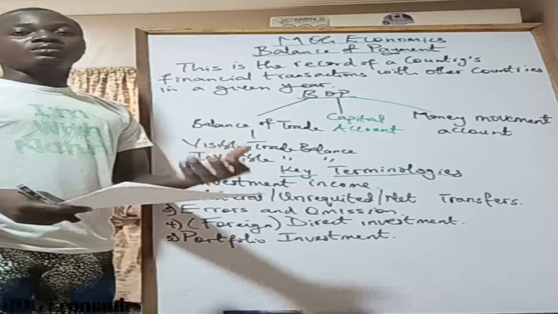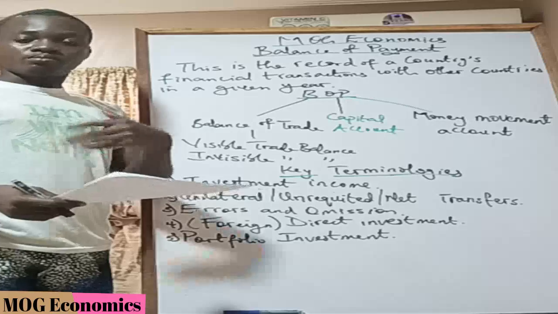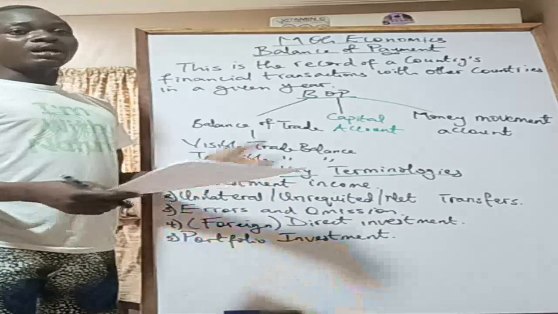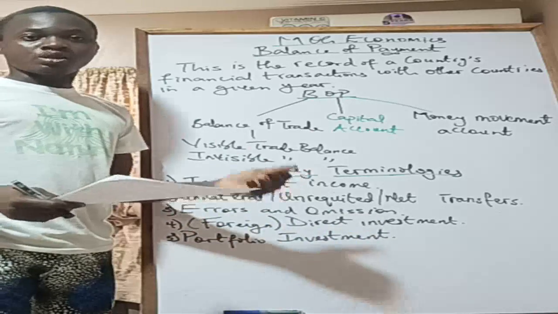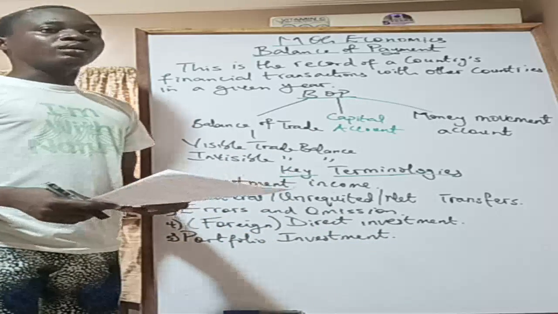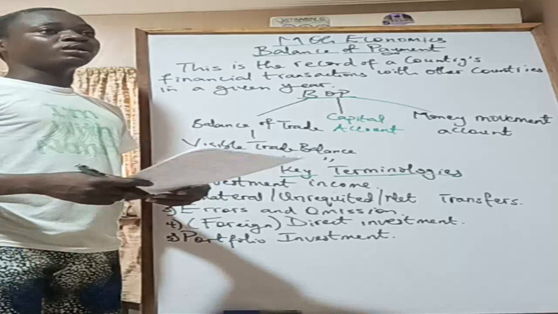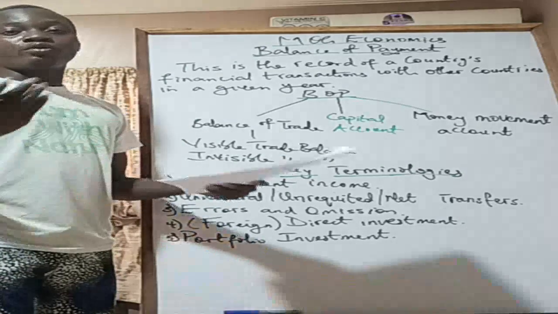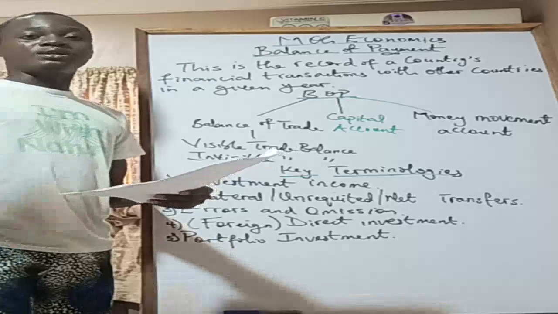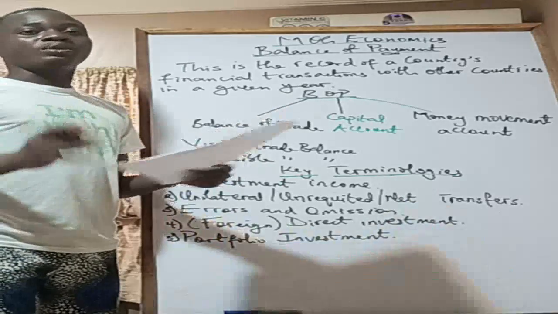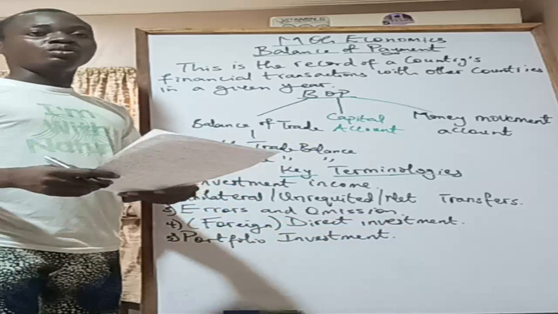Anything that generates income for you after making them available to foreigners counts as your export. That's a credit to your current account. And anything that takes money away from you, like imported products, for example, in Nigeria we import cars, phones, and all of those things, goes into the debit side of the current account. So broadly speaking, the formula for current account is exports minus imports.